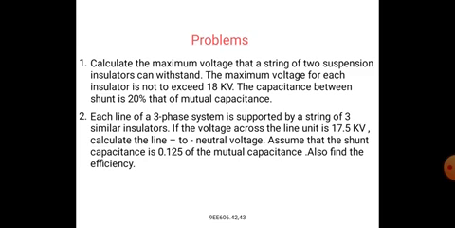So that is E1, E2. The maximum voltage of each insulator is not to exceed 18 kV. First we have to find the value of E1. The ratio of shunt capacitance to mutual capacitance is K equal to 20 percent, that is 20 by 100, equal to 0.2.